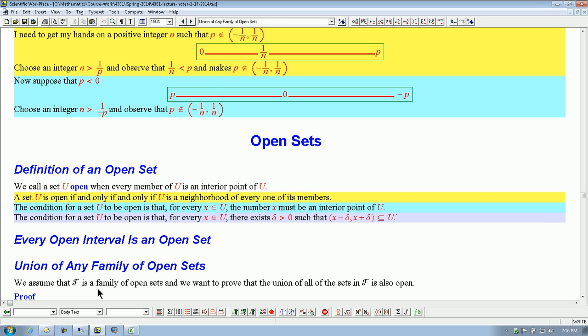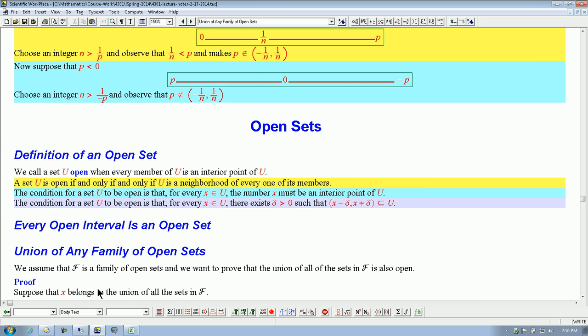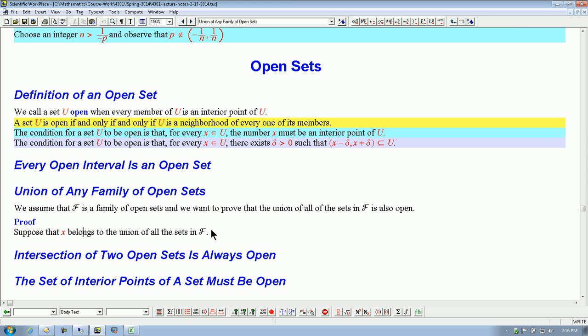I don't know anything about it. If you have any collection of open sets and you take the union of them all, you will get an open set. And we're going to prove this. So how do you prove that any set is open? Let's think, folks.